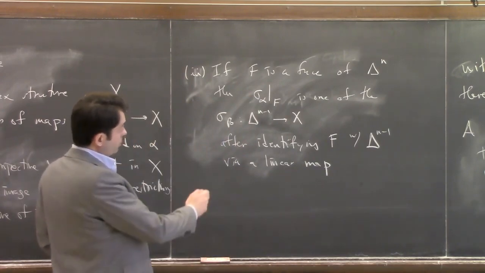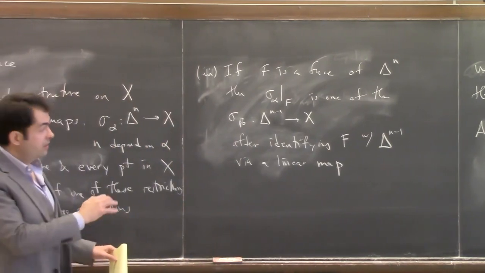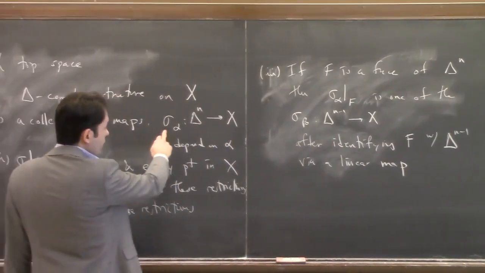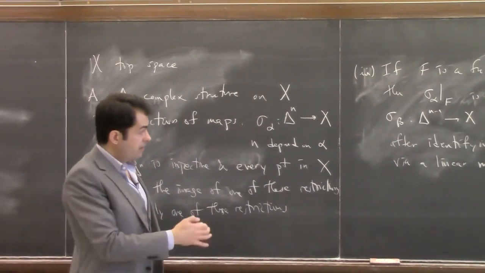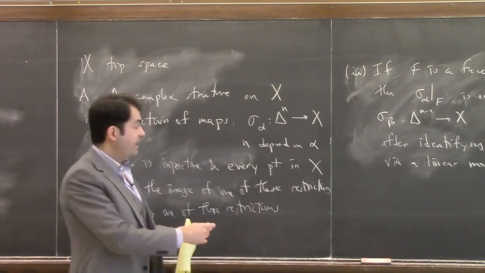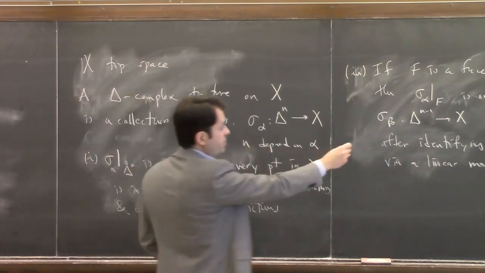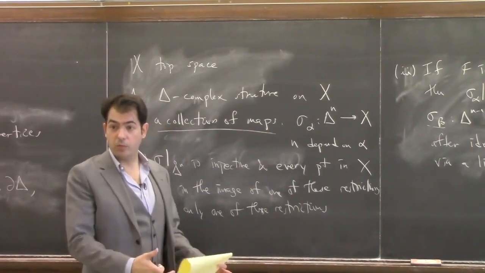Okay, so here's where we really have a big restriction, because you have these maps from the simplices into X, but then when you look at one of the faces, it's one of the sigma betas that we have in our collection of maps.